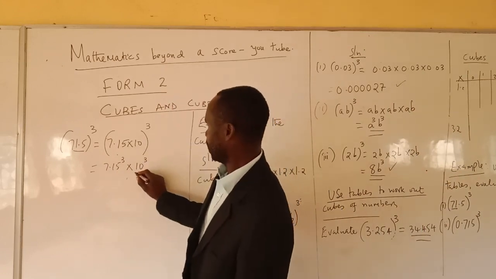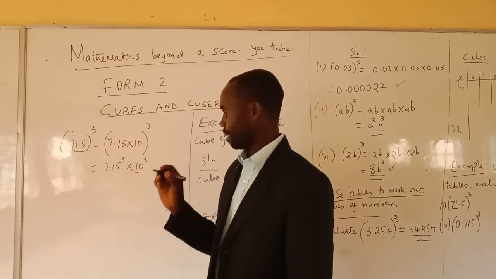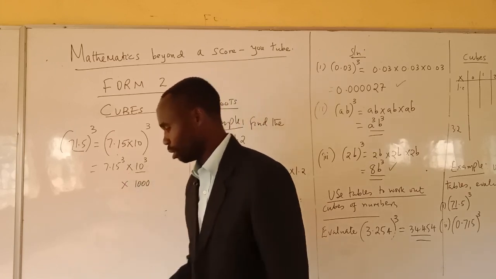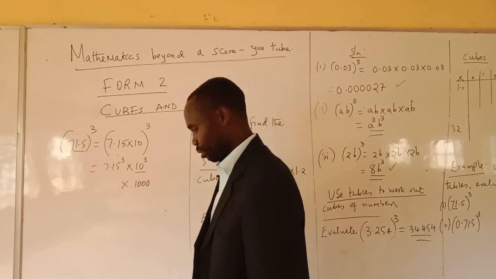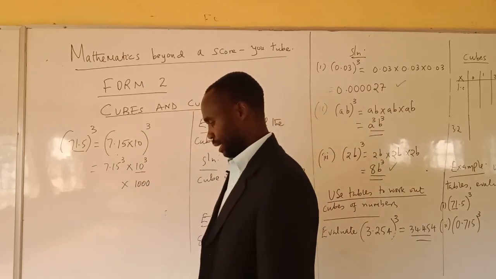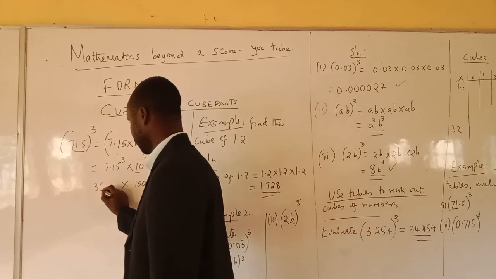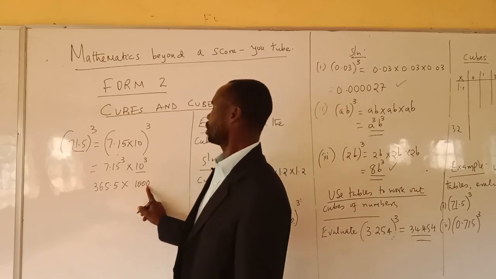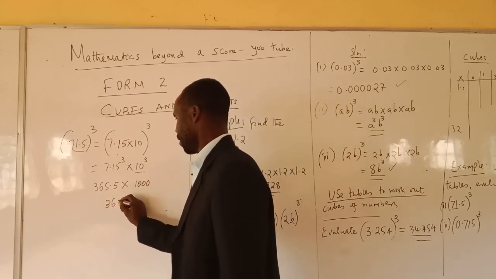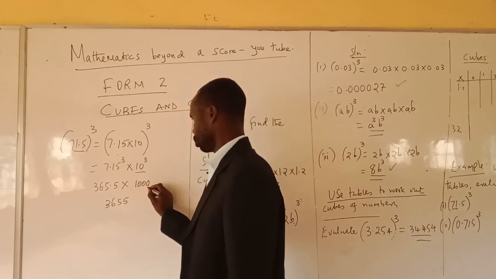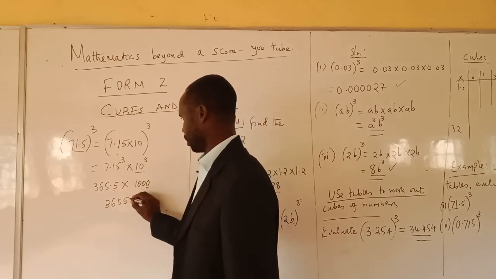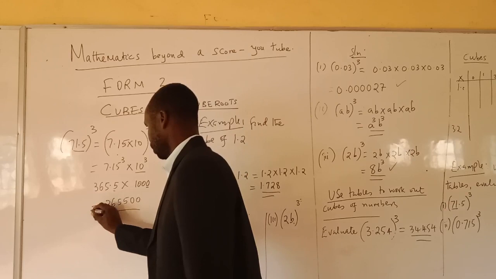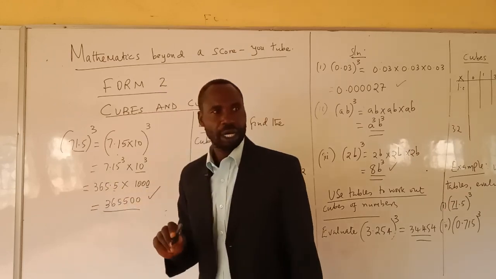So this one is 1,000. 10 times 10 times 10 is 1,000, multiplied by, from our tables, the value of 7.15 cubed, which is 365.5. So when we multiply, we write 365.5 and then 2 zeros, because this one is finished by that one. So 0, 0, like that. And you will score easily like that.